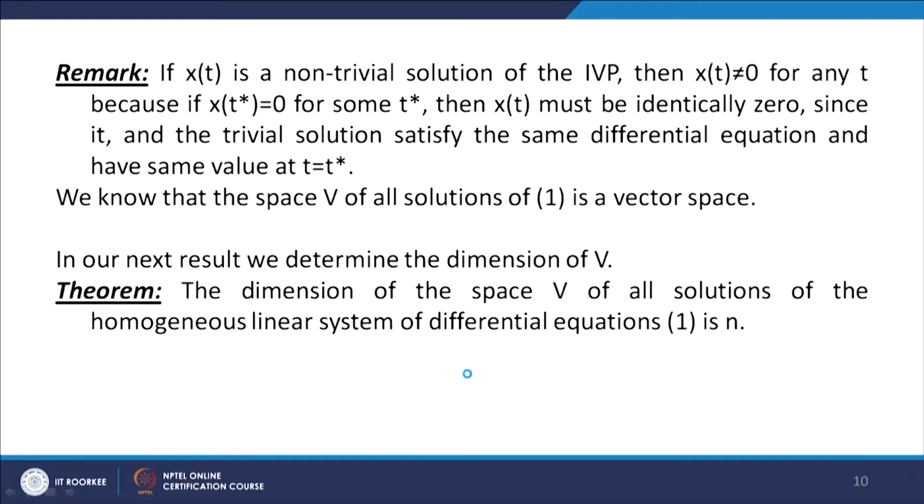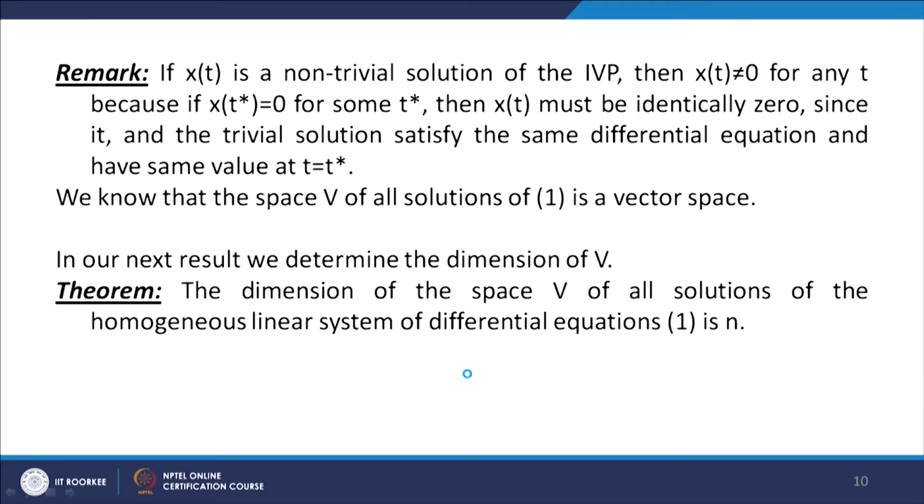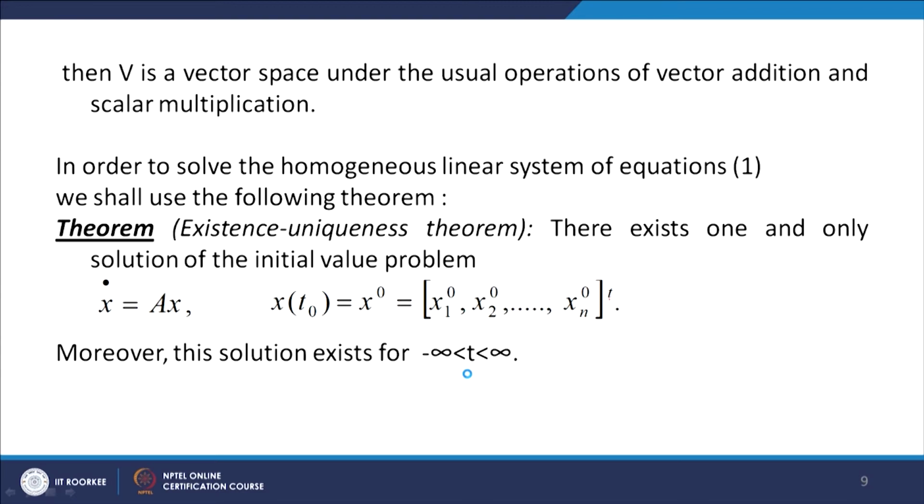Now let us look at this remark. If x(t) is a non-trivial solution of the initial value problem x dot equal to Ax, where x at t naught is given by the vector x naught, then x(t) cannot be 0 for any value of t. Because if x(t) is equal to 0 for some value of t, say t equal to t star, then x(t) must be identically 0, because the trivial solution also satisfies the differential equation x dot equal to Ax.